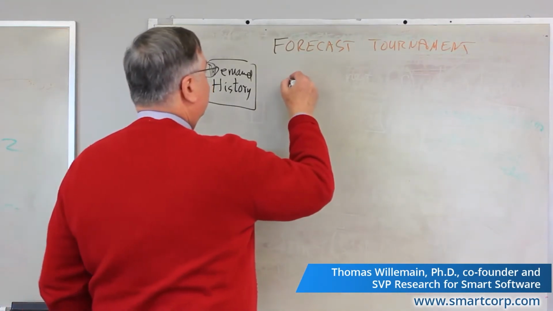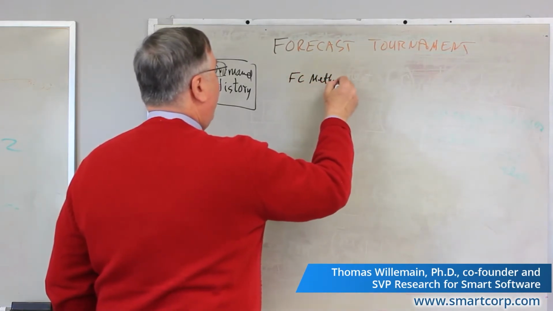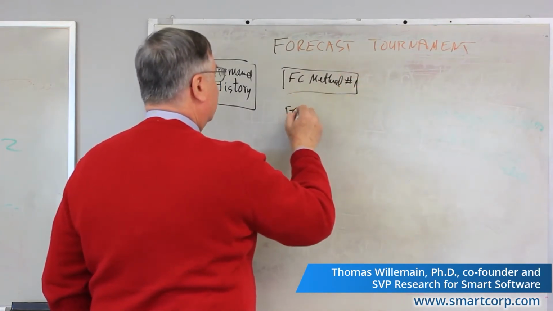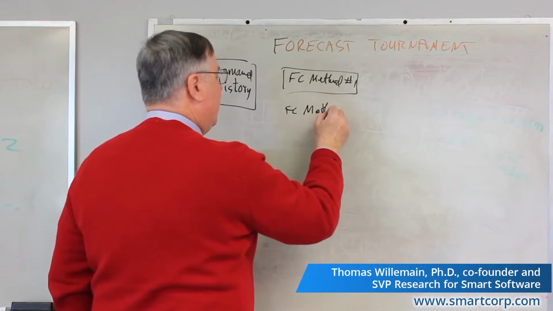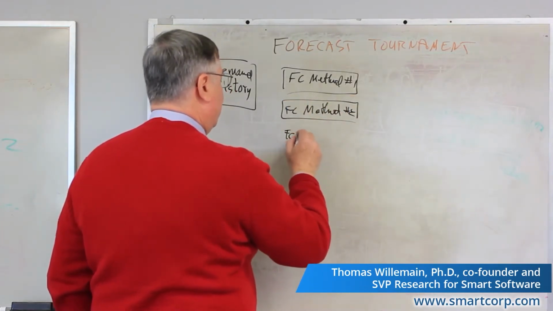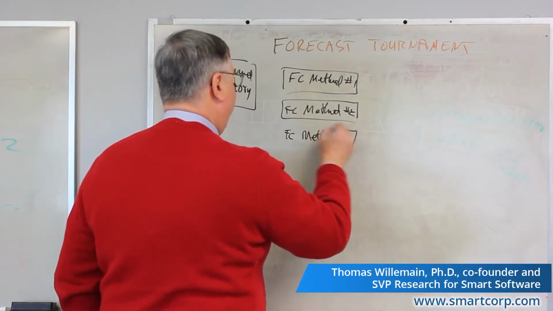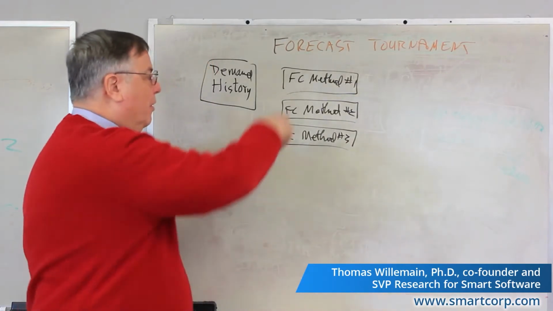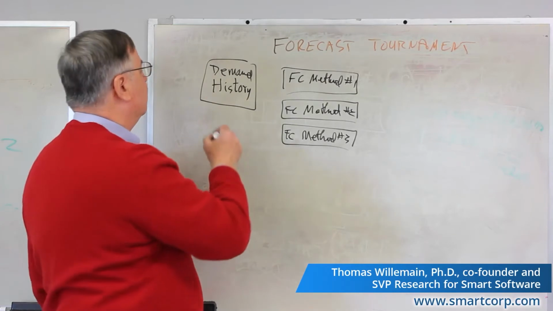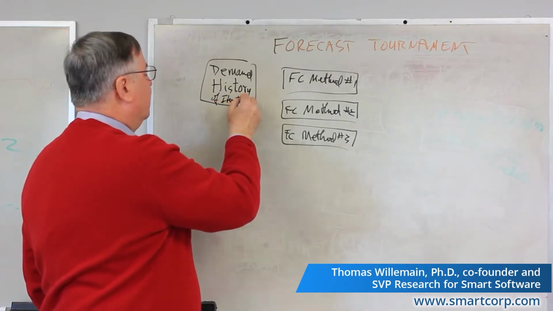And then you have forecasting method number 1 and forecasting method number 2, and let's say there's forecasting method number 3. So those are all competitors to forecast a particular item, say item number 7.